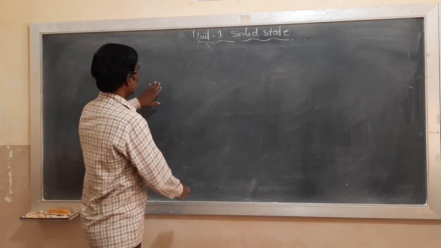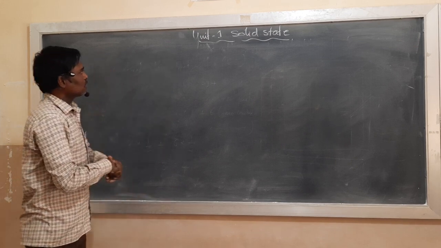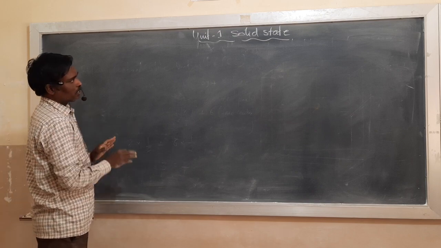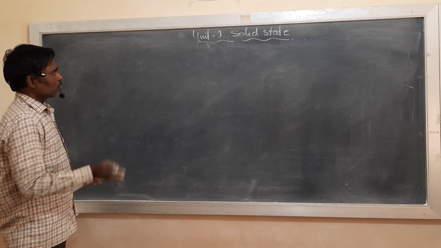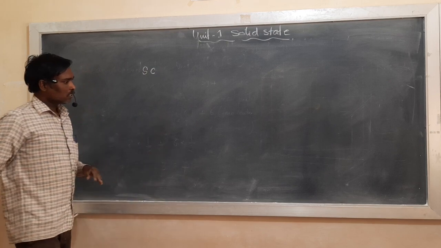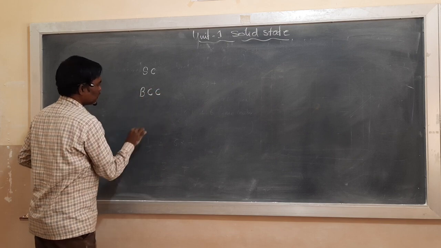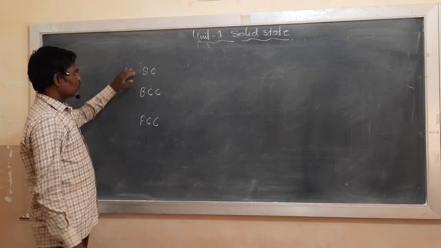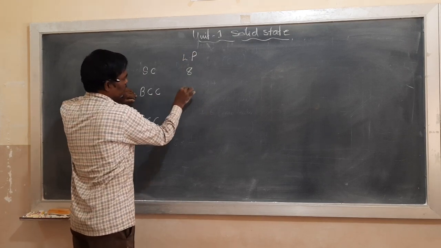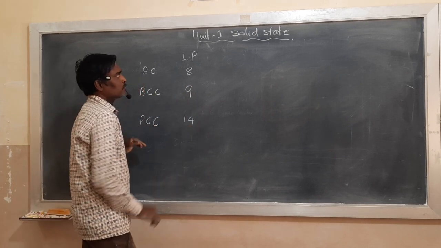Now students, this is the contribution of particles in simple cubic, BCC and FCC. Just now we calculated the number of particles, the lattice points, and the contribution of each particle to the unit cell. Let me draw a simple table showing lattice points as well as the number of particles in SCC, BCC and FCC. In the simple cubic unit cell, the lattice points are 8; in body centered, 9; in face centered, 14.